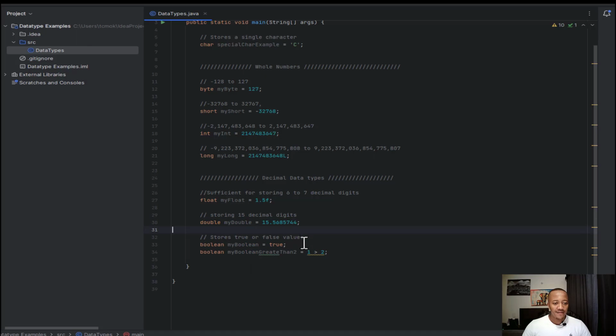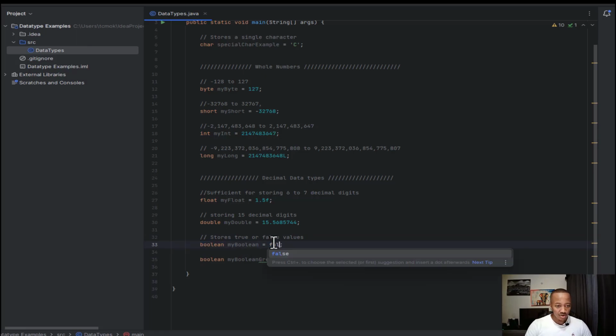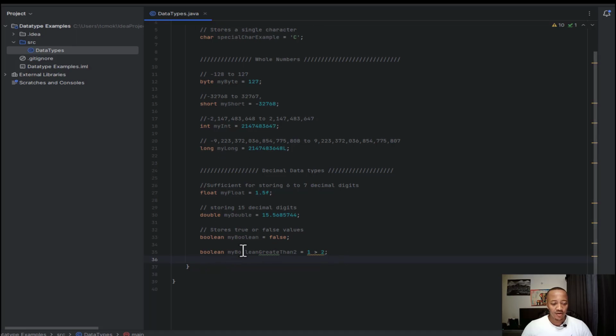Okay? And then we spoke about Boolean. So you say Boolean, you give it your name, you give it a value. We said it can either be true or false. Then what you can also do is put in a condition.